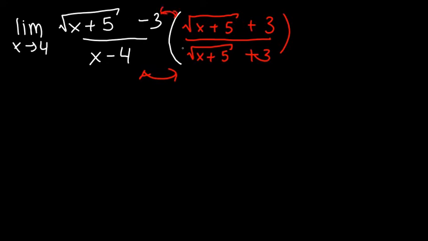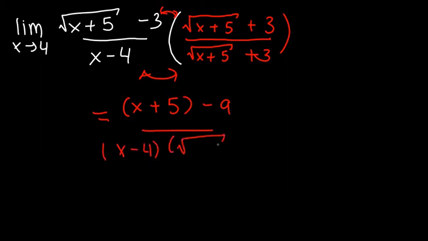If we see here, this is a difference of squares. We would just get the square root of x plus 5 squared, which would give us x plus 5, and then negative 3 squared, which is equal to 9. And in the denominator, we'll just leave this unexpanded. We have x minus 4 and then our conjugate.